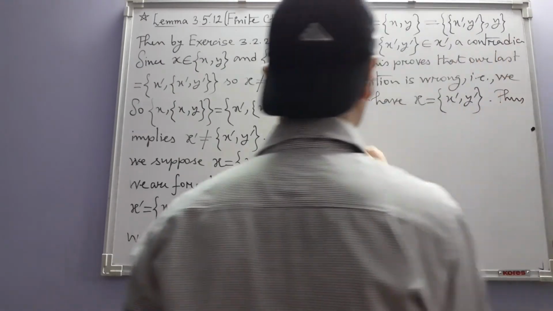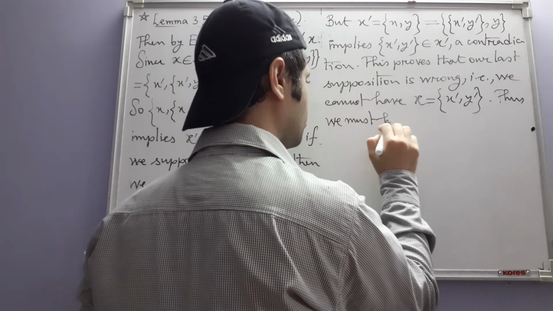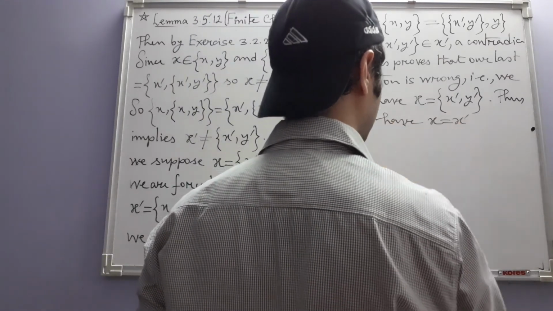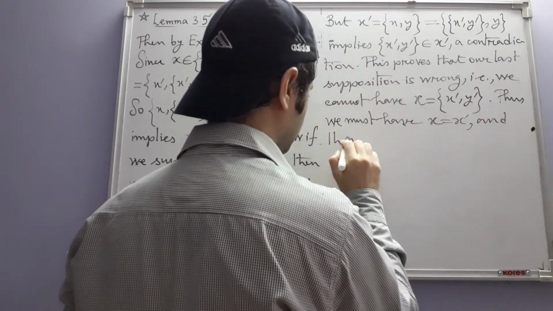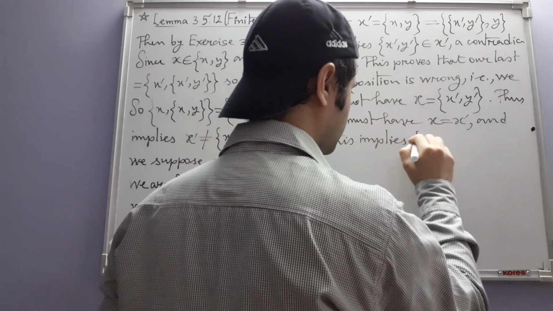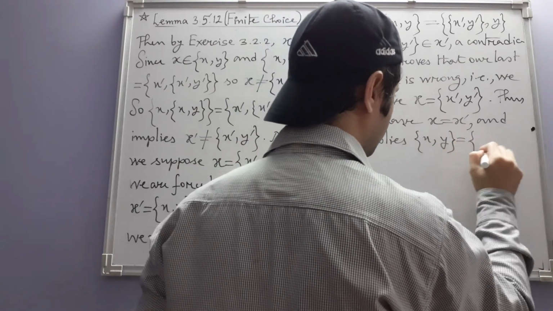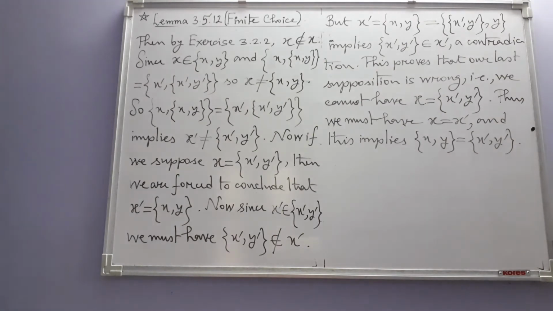Thus, we must have x is equal to x', and this implies {x, y} is equal to {x', y'}. Okay.